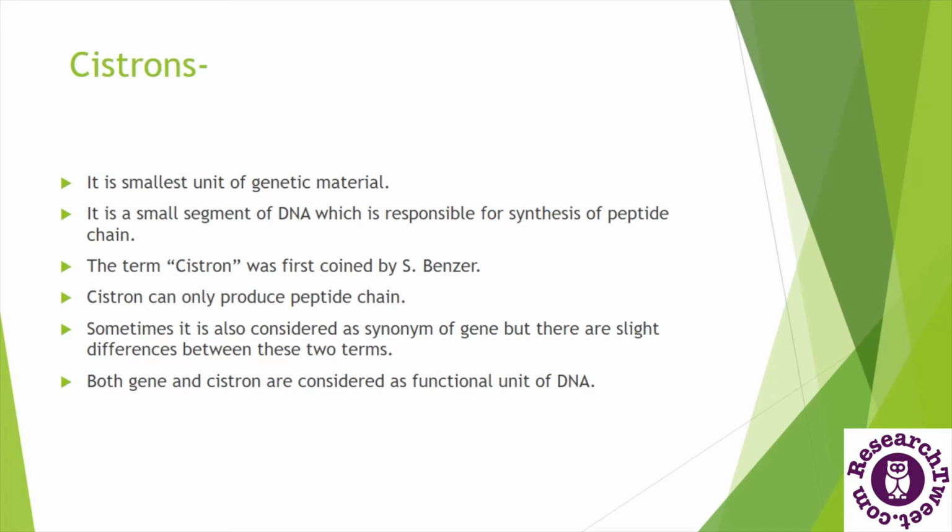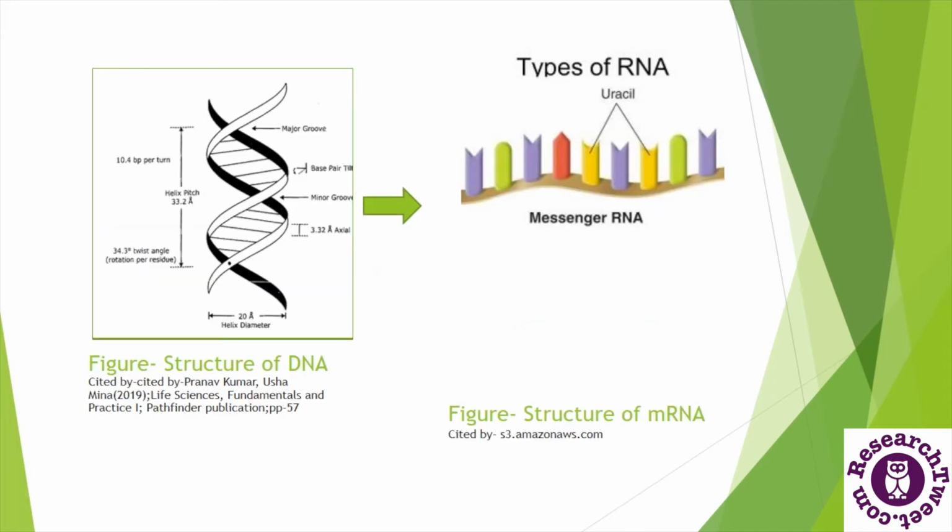Here is the diagrammatic representation of transcription of mRNA from DNA. In the first picture, we can see the diagram of double-stranded DNA with the nucleotide base pairs within it, indicating the major groove and minor groove of DNA.